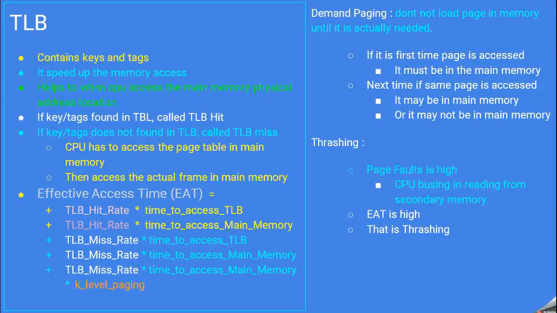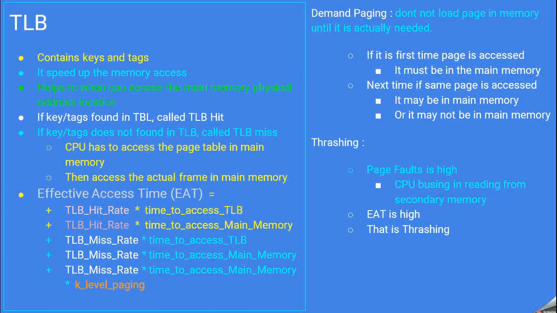Then the CPU has to go to the page table, look up the page table entry and the frame number, and access the actual frame in the main memory. So it is a long route, whereas with a TLB hit, it can directly go to that main memory location and access the block or data it requires.